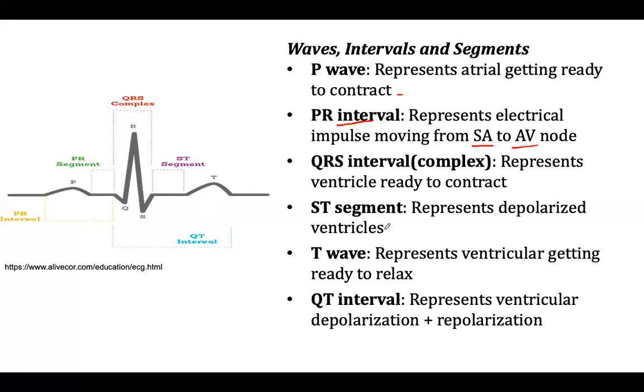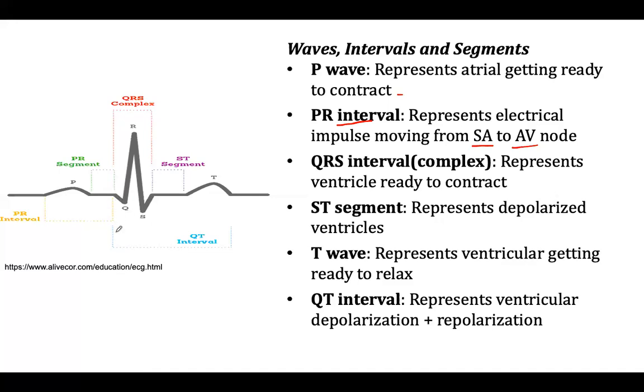We also have something called the ST segment. The ST segment is the end of the QRS complex to the beginning of the T wave. This region represents the depolarization of the ventricle. So you're finishing up the process, and again, you continue with relaxation afterward. We also have something called the QT interval, which is right here.